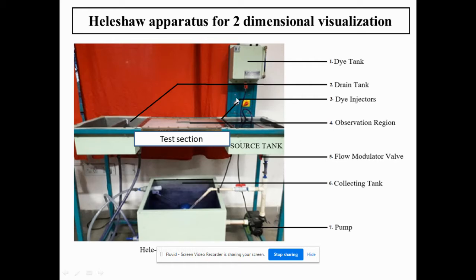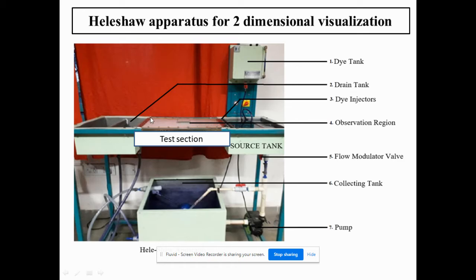The dye tank injects a small amount of dye. Here we utilize blue color dye, and that dye will be injected by means of small nozzles. There are about 32 nozzles, in which each needle will induce dye, and the dye comes near the model, which is kept over here, called the observation region.